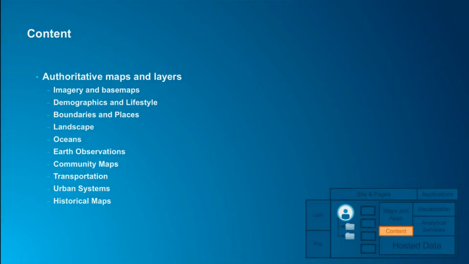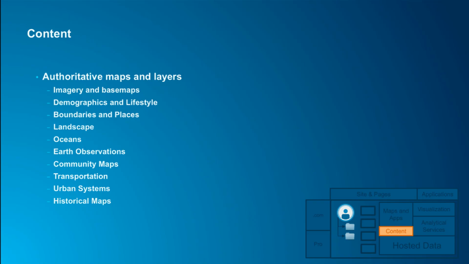Yeah. So content. So of course, one of the big attributes that ArcGIS Online brings is content and base maps that you can use to start to build your applications on top of. The Living Atlas layers are this continually growing set of authoritative information, not only from Esri, but from some of our key partners.